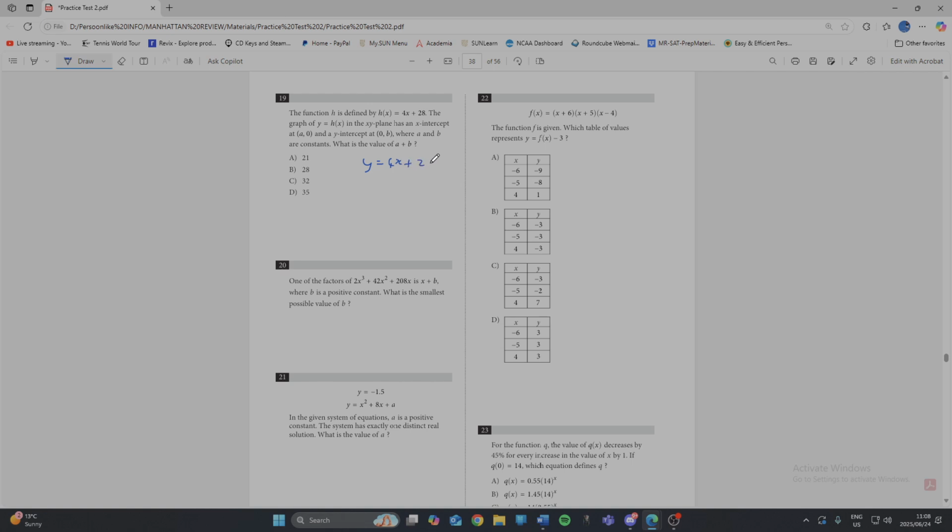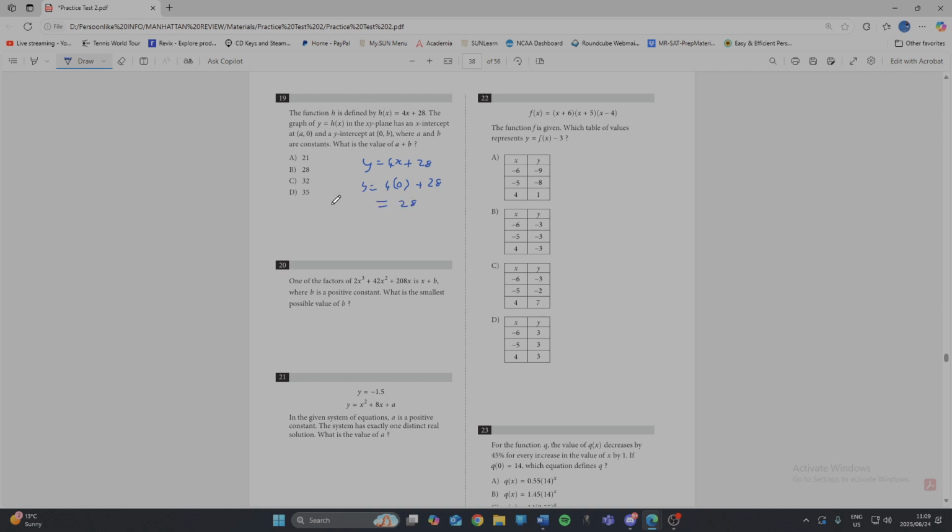plus 28. So the way we get a y-intercept is by setting x equal to 0. And the way we get an x-intercept is by setting y equal to 0. So the first thing we'll do here is try and get the y-intercept. So we'll set x equal to 0. We do y equals 4 times 0 plus 28. And that would just give us 28, right?